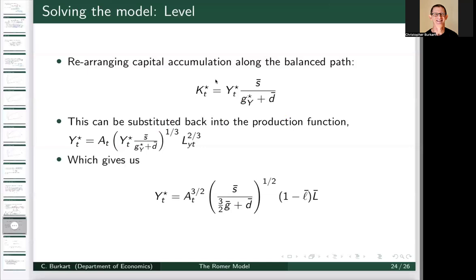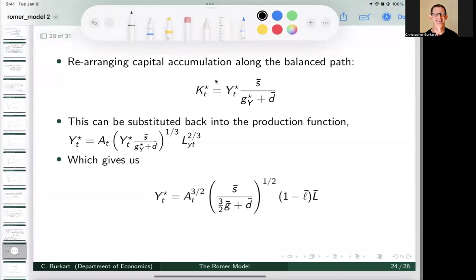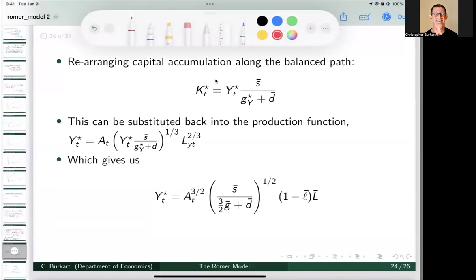We can go back into the capital accumulation relation on that balanced growth path and substitute in some pieces and then substitute that back in. This piece here is just coming from this.